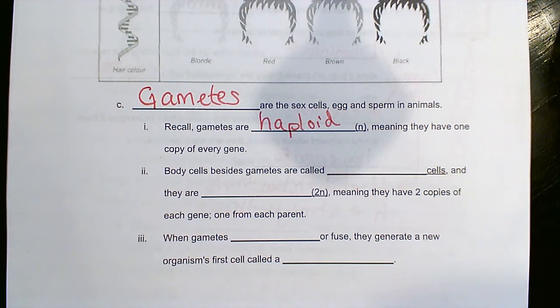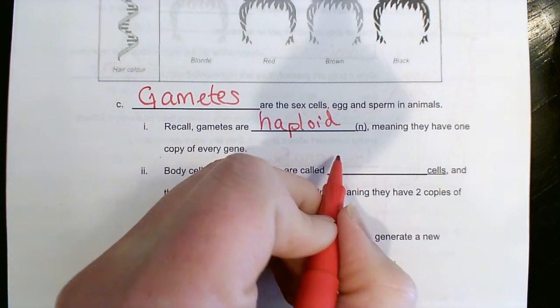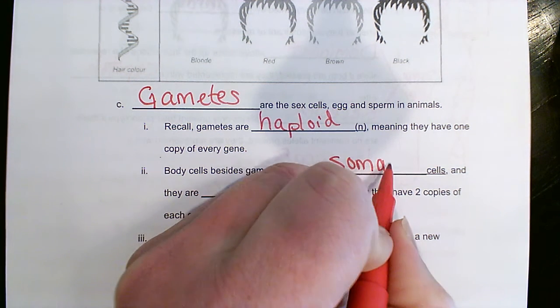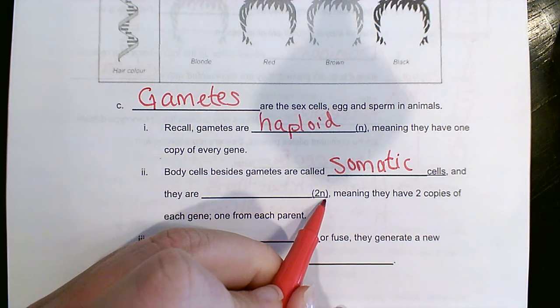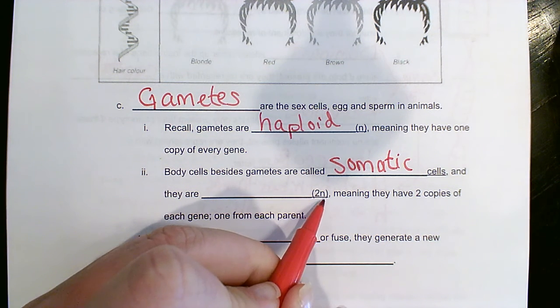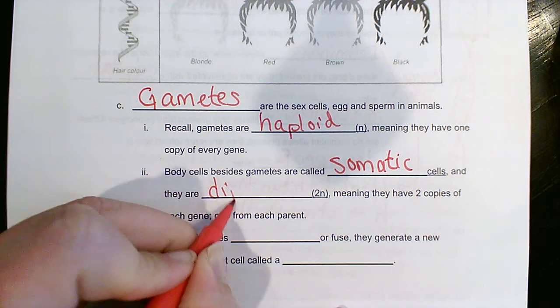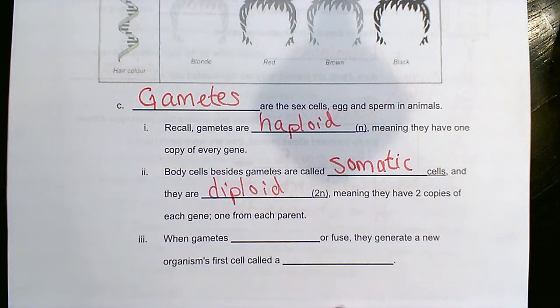And then body cells, this is maybe a new word. Any cell in your body besides your gametes is called a somatic cell, or body cell. And they have 2 copies of everything, one from your mom and one from your dad. So they're represented as 2N. They have 2 copies of all the chromosomes. We call them diploid.